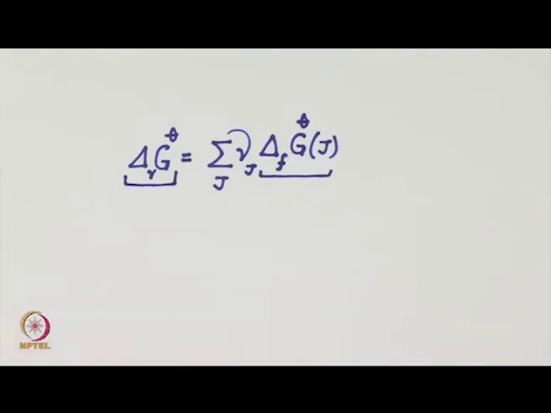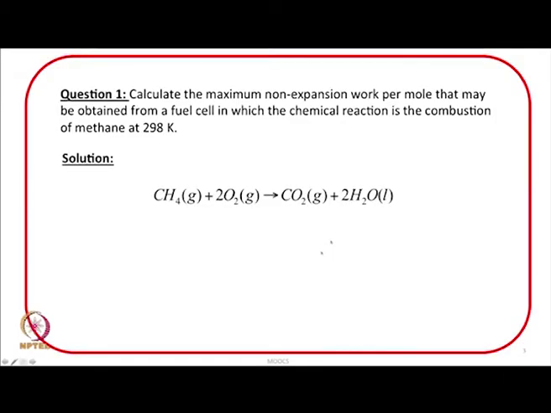So, therefore, for the given question here, I need to have information on free energy of formation of water, free energy of formation of carbon dioxide, free energy of formation of oxygen and free energy of formation of methane. Oxygen is an element. So, immediately we can say that the free energy of formation of oxygen must be 0. Therefore, we need the data on free energy of formation of water, carbon dioxide and methane.